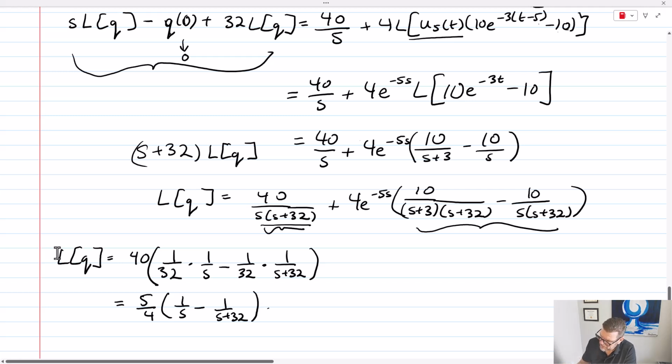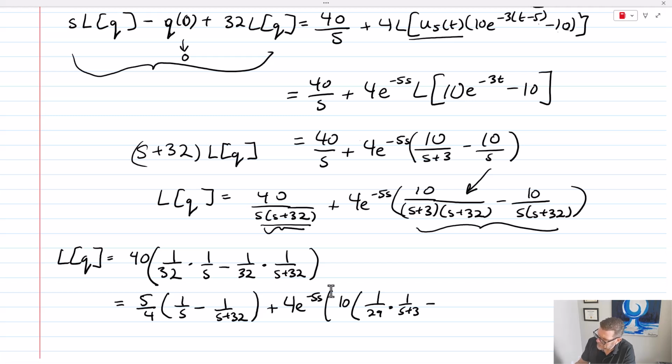Plus, now we've got 4e to the negative 5s. We're going to need partial fractions for s plus 3 times s plus 32. So this is going to be times 10 times 1 over 29 times 1 over s plus 3 minus 1 over 29 times 1 over s plus 32.